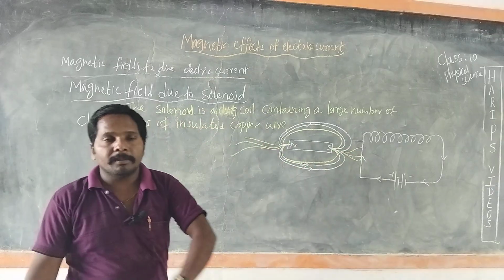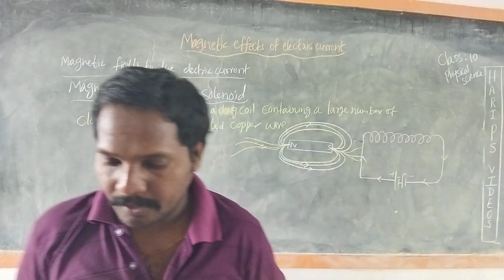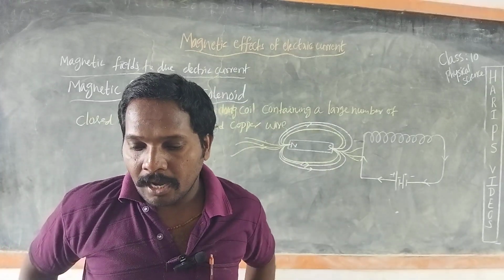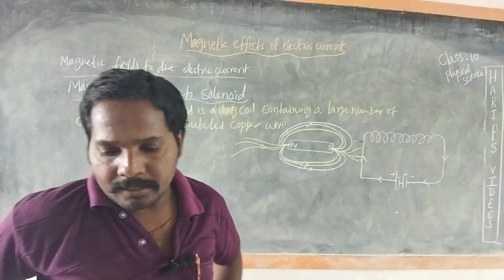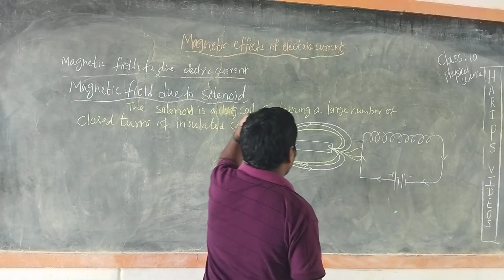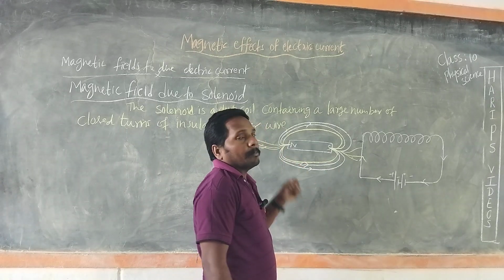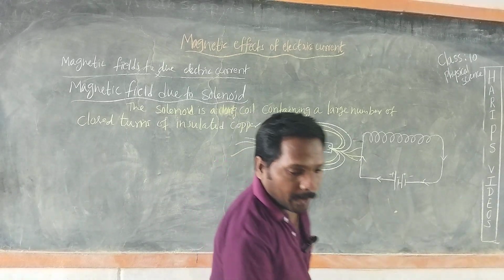Similarly, a solenoid, a long coil, also forms a magnetic field like a bar magnet.